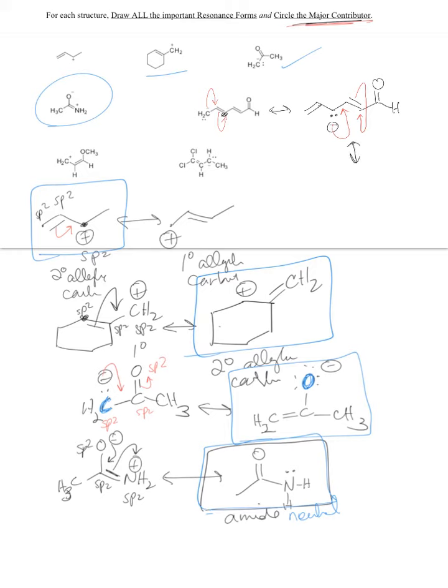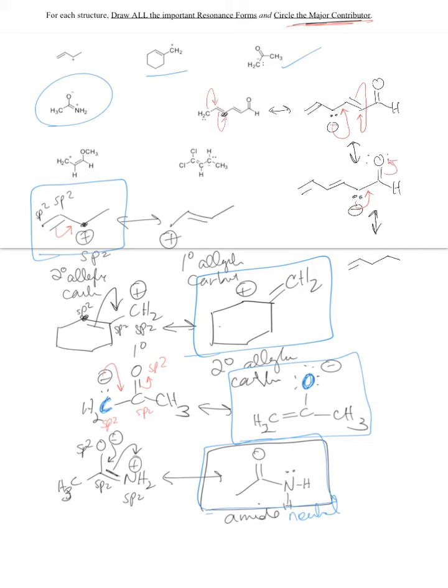Do your resonance arrows. The reason why this can happen is because they're all sp2 hybridized systems. And so you just keep going until each one of the sp2 carbons gets a turn. So this goes here, and this goes there.